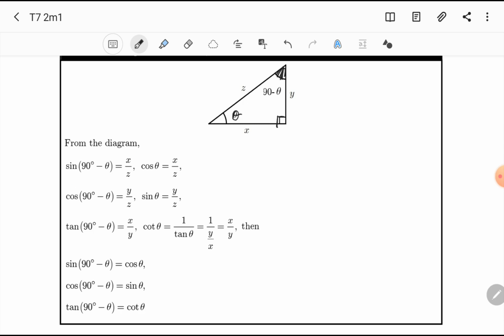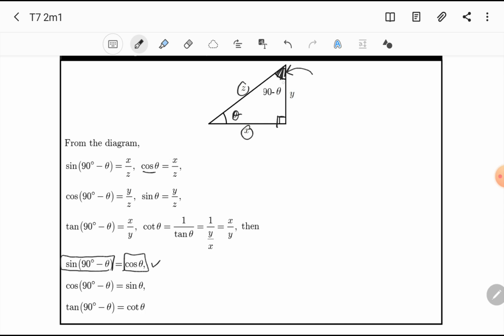Okay, sin 90 minus theta. Okay, awak tengok 90 minus theta. So awak refer sini, mata awak kat sini. Okay, so sin is opposite x divide by hypotenuse z. So x over z. And if you refer the previous note, x over z equals to cos theta. Okay, so kita boleh buat conclusion. Sin 90 minus theta equals to cos theta. Okay, dapat satu conclusion.